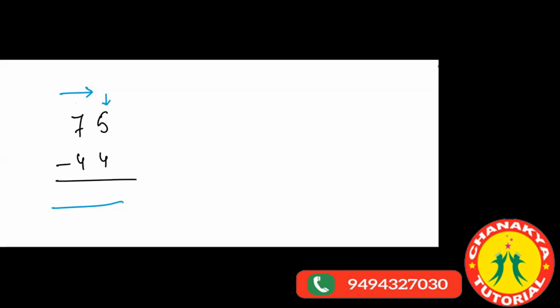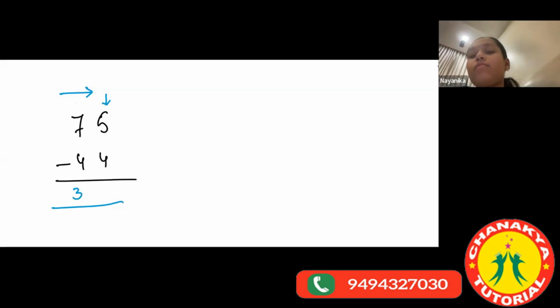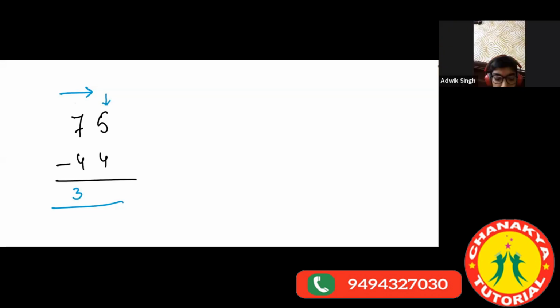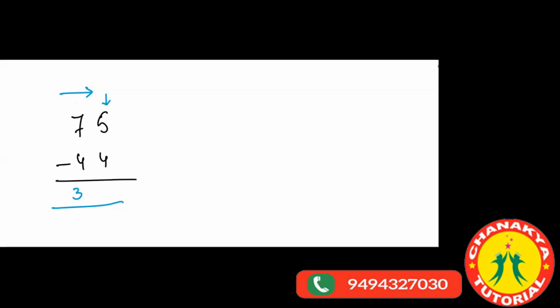If it is a match, write it as it is, 3 only. What to do if it is a mismatch? We'll do that later in the next example. And 5 minus 4, anyway, it is a match, so we'll get a positive difference. What is the difference? 1. So that's the answer, 31.